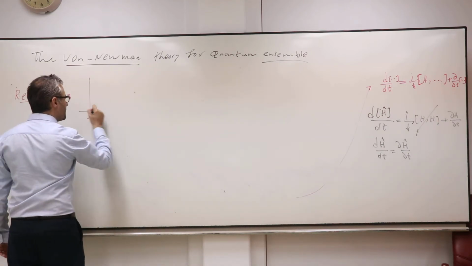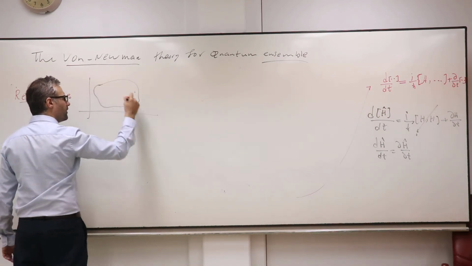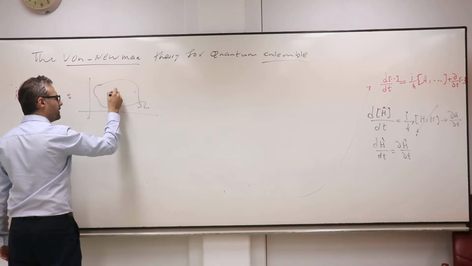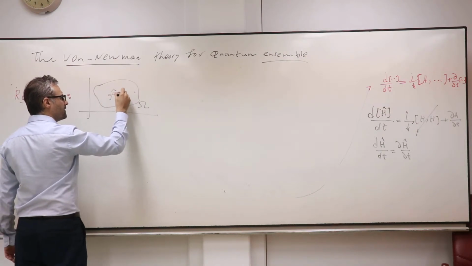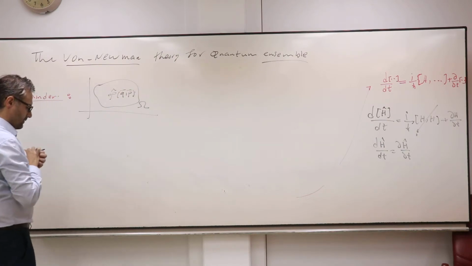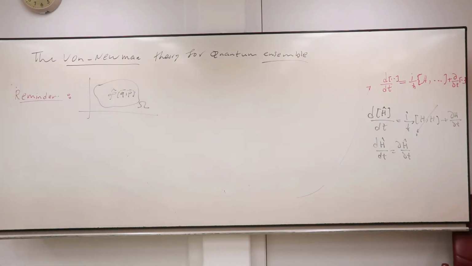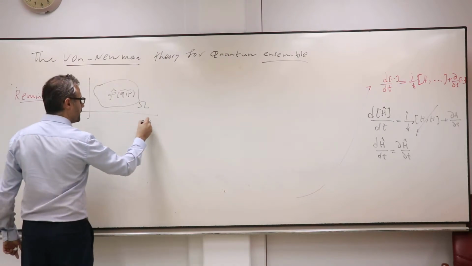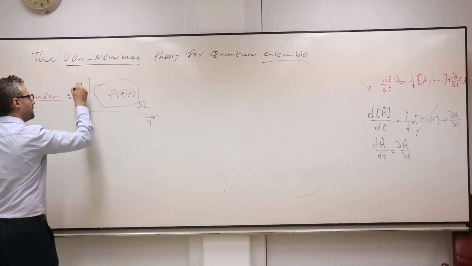You remember we started from here: we take a volume omega, and rho, which is rho of q and p, is the density function, the density of the particles in the phase space. Very formally we write this is q and this is p.